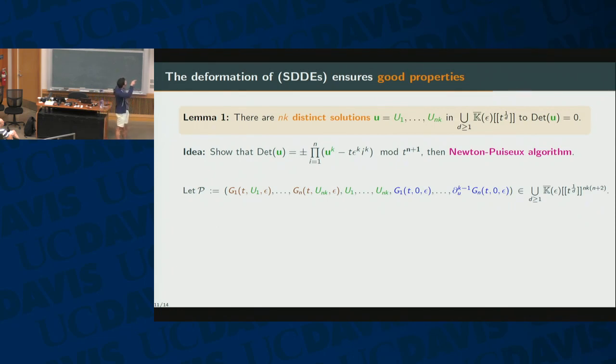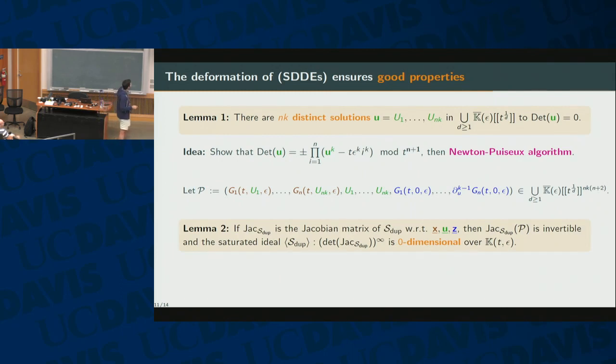that we will denote by P. So we really duplicate all the series, all the points U1 until UNK, and we glue them in a unique point, P. And the lemma is now the following.